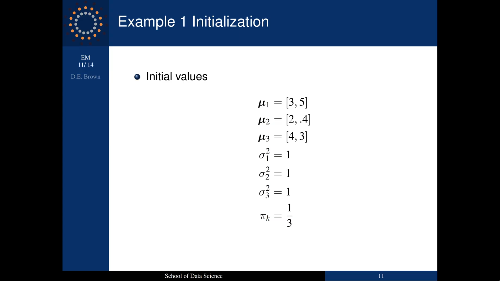We'll initialize in the first example with these mean vectors as shown, with the constants for the variance covariance matrix all set to 1, and the mixing probabilities all set to 1/3. So we're equally likely to be in any one of the three clusters.